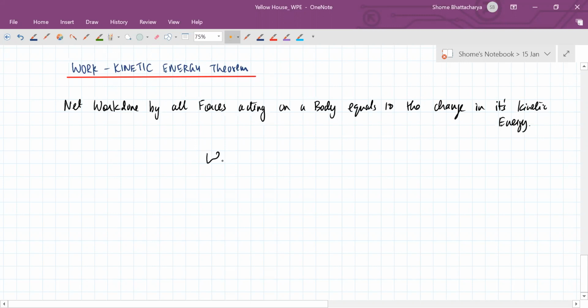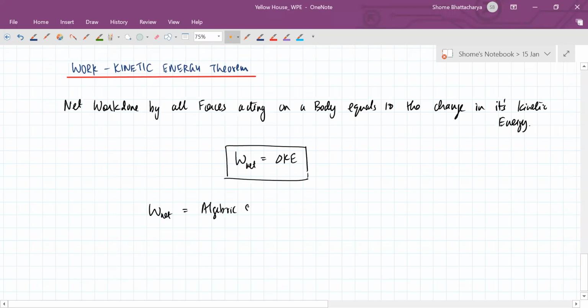Okay. Or as an equation, it can be written as something very simple, that net work done is equal to the change in kinetic energy, where this net work done is the algebraic sum of work done by all forces acting on the body. Okay.